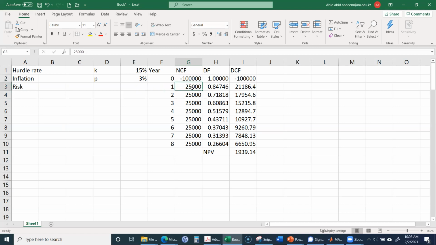So how to incorporate this uncertainty? To incorporate this uncertainty, we perform the Monte Carlo simulation. Monte Carlo simulation is nothing but the random assigning of values, and these values are assigned thousands of times.